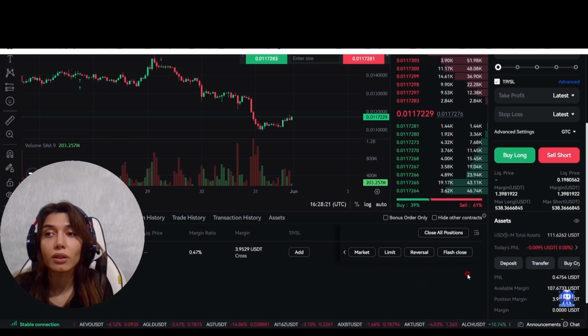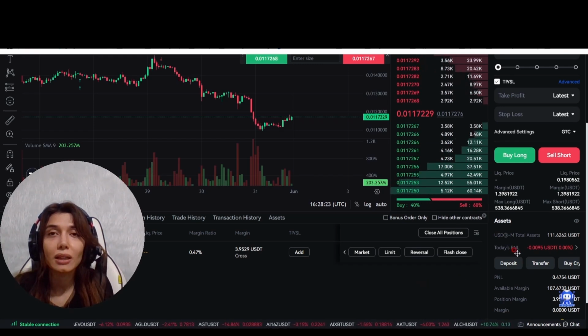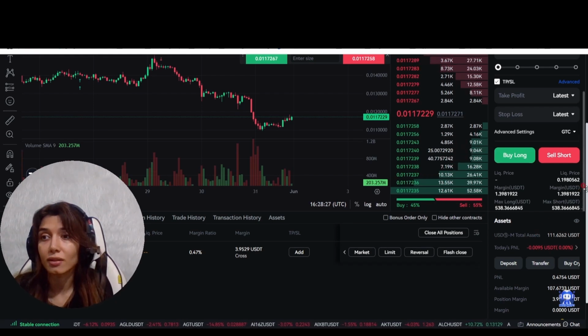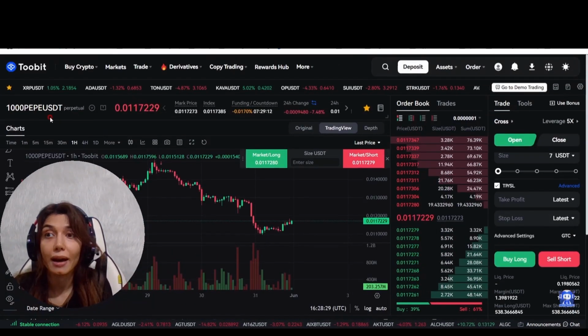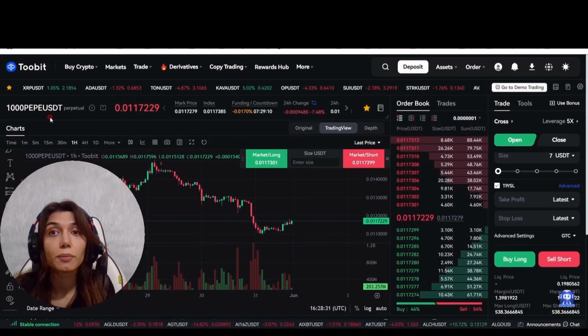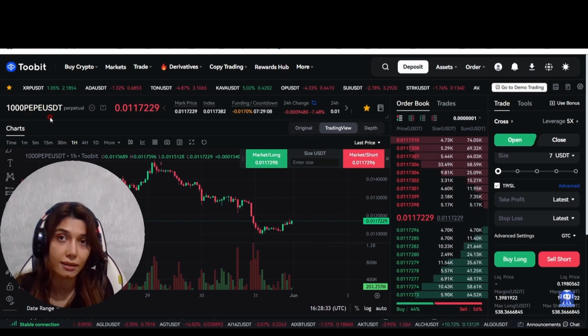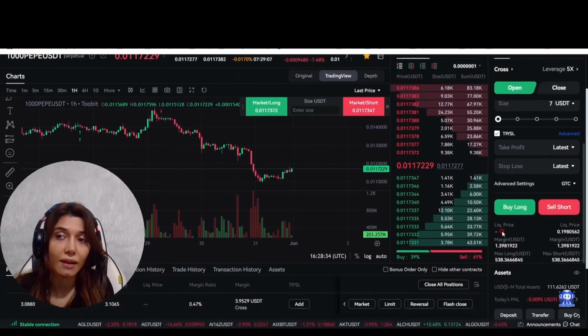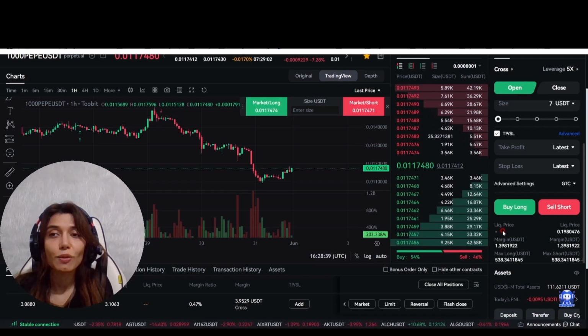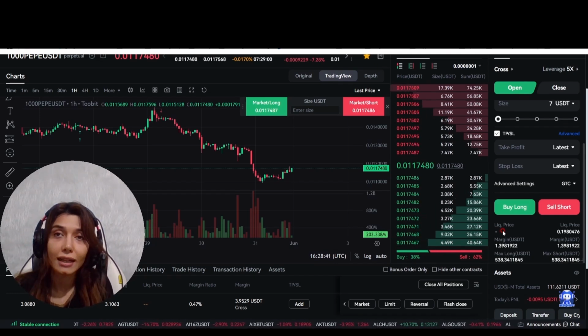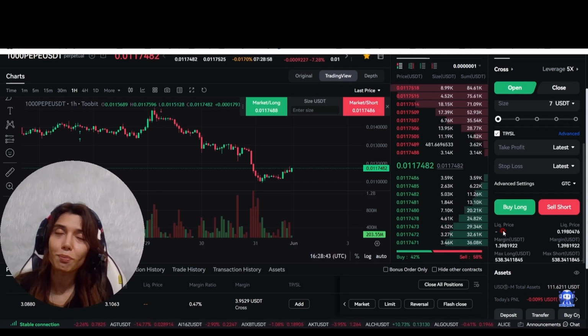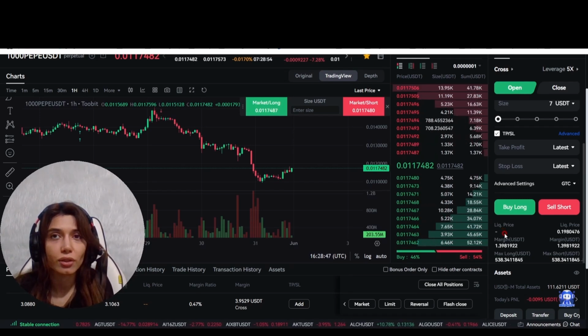For example, if you have $100, each position should be less than $10 or maybe less than $5, based on the cryptocurrency that you're going to buy. So please remember to use it every time and don't have a liquidation price, because if you do, you will lose money and you may get liquidated before hitting the stop loss. So pay attention to this matter.